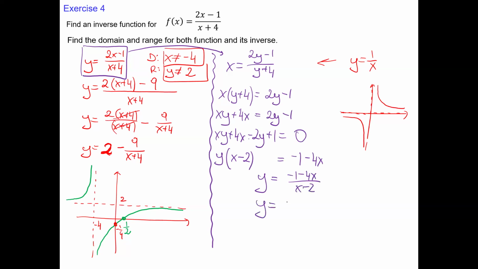Let's factor out the negative and apply it in the denominator, switching the sign. Beautiful. This is the inverse function: 1 plus 4x over 2 minus x. We can see right away the domain is all of the numbers, but not 2, since we're interchanging.